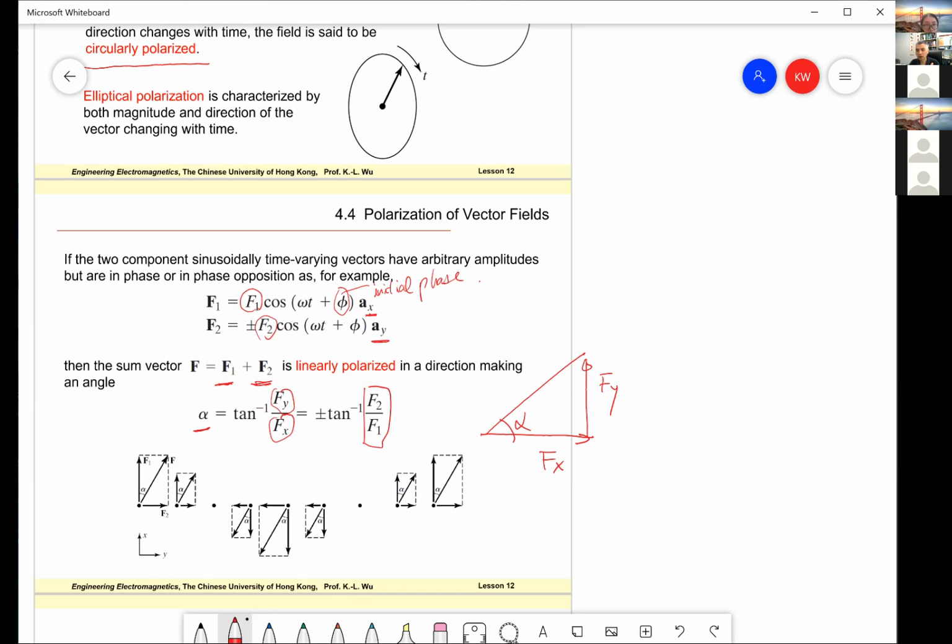The only change is that the x direction changes from positive to minus, and y changes from positive to minus, in both x and y directions, but the angle never changes. So this is how we describe a linearly polarized wave.